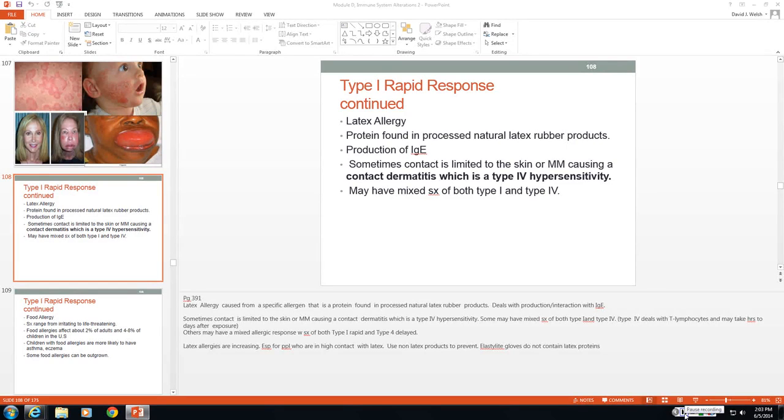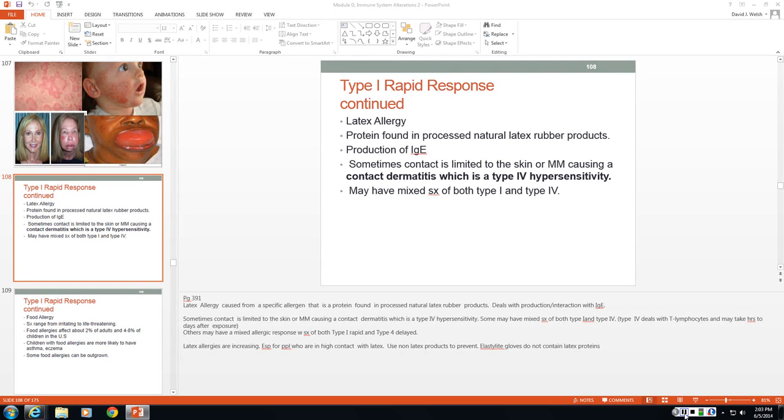Sometimes contact is limited to the skin or the mucous membranes, causing a contact dermatitis, which is a type 1 hypersensitivity. Some may have a mixture of symptoms of both type 1 and type 4. Type 4 deals with T lymphocytes and may take hours to days after exposure to develop. Others may have a mixed allergic response with symptoms of both type 1 rapid and type 4 delayed.